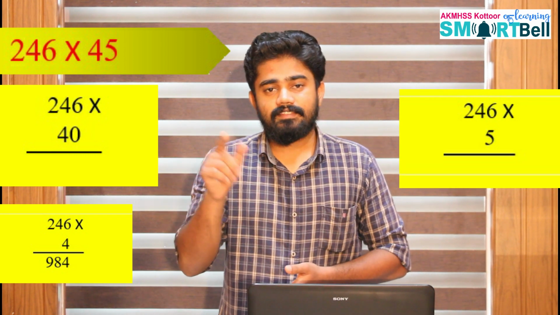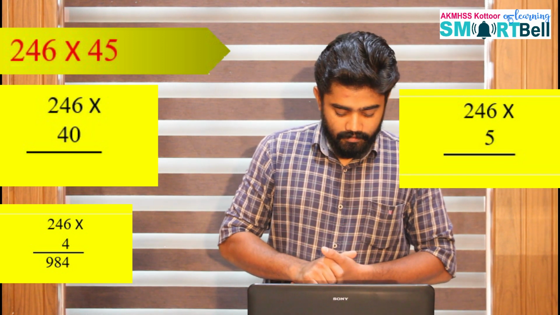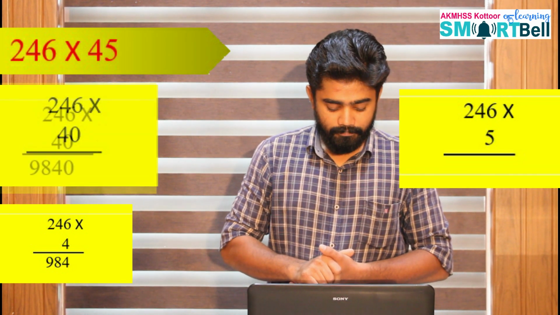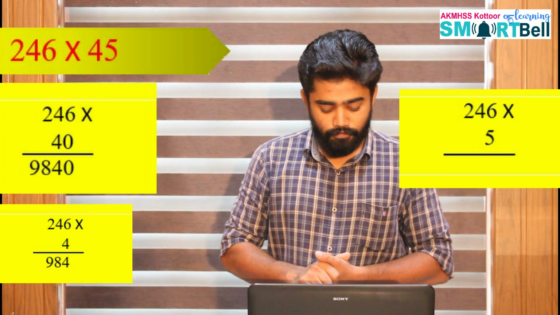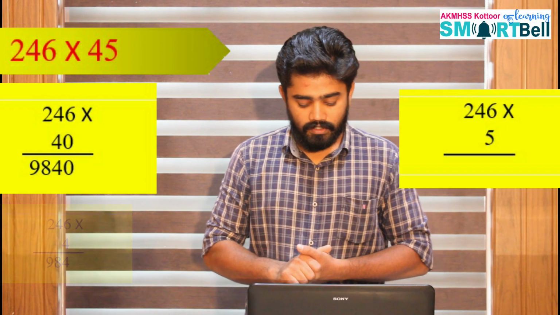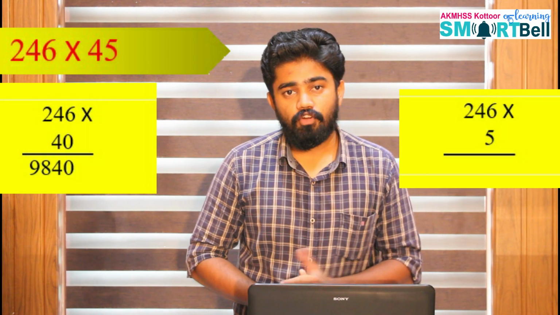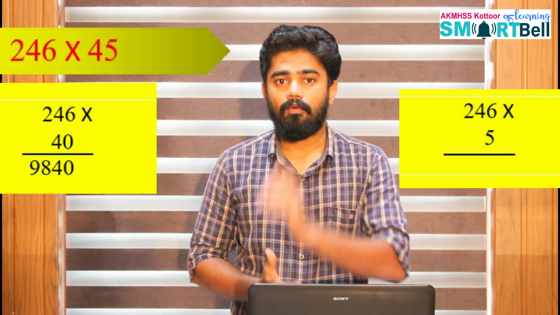And just add a 0 to it: 9840. 246 into 40 is equal to 9840. Okay. Now multiply 246 with 5.